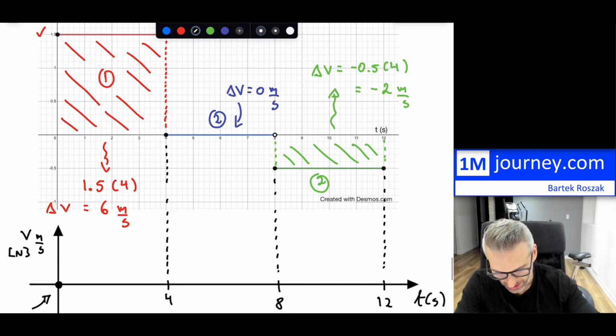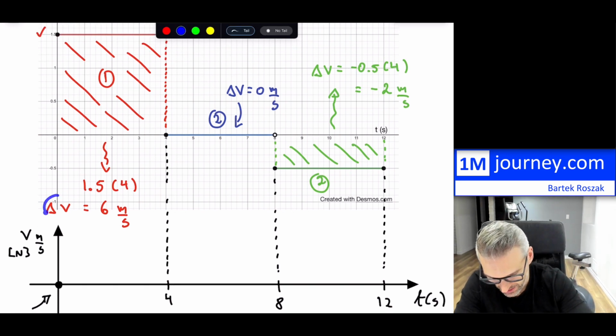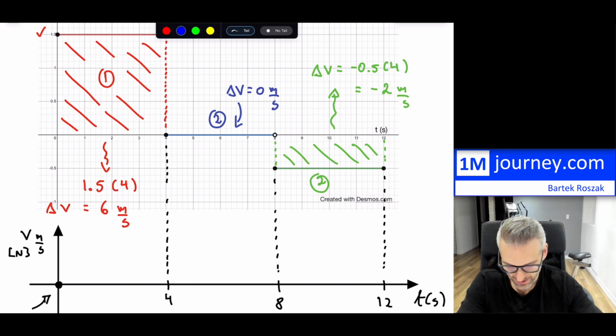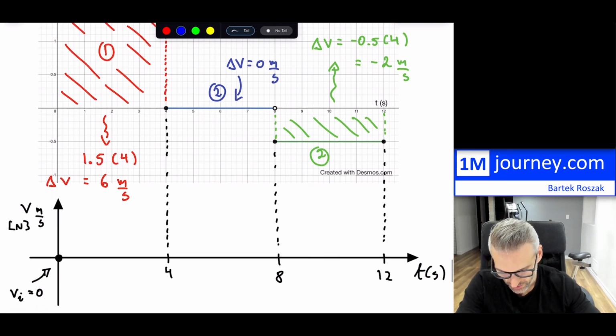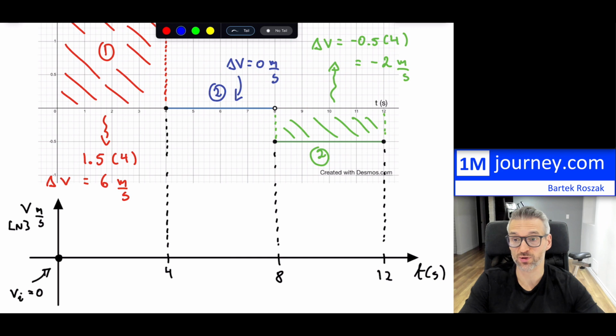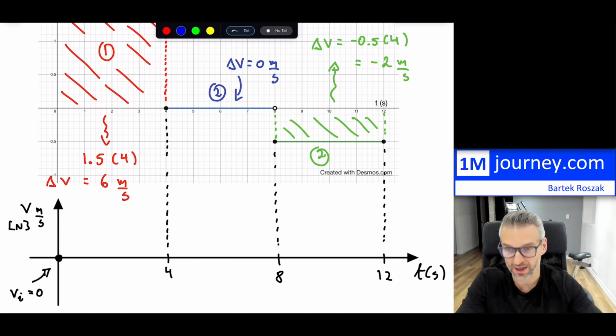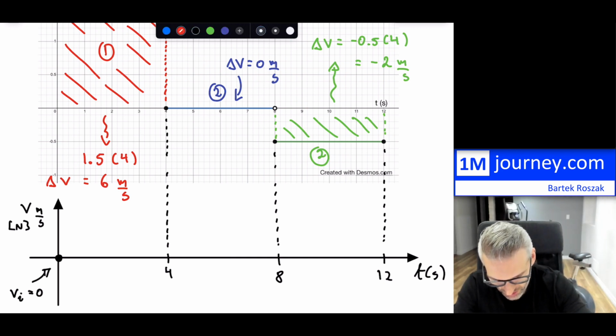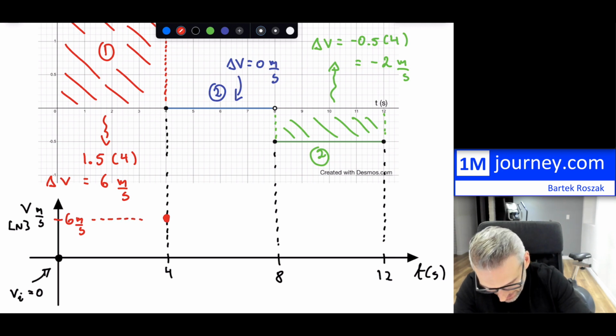And now the change was 6 meters per second. So that means your speed is going to change during that whole entire time. It's a consistent change throughout here, and it's going to go all the way up to 6 meters per second. Now you put that all the way at the end. This is where it's going to end up. And now you can connect these.